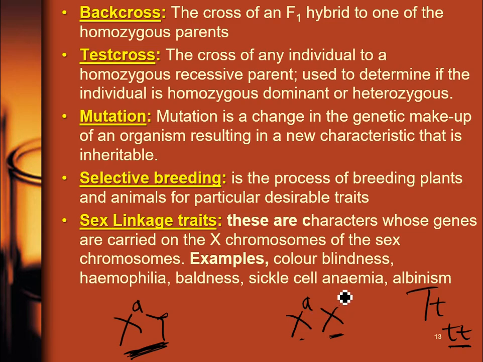But in this case, now let's assume another one comes into play here, a dominant one. I don't know what this is, this can be anything. Once this comes into play, it will block this albinism from showing. But in male, you don't have any other X that stands a chance of carrying a dominant allele that will block this one. So in the case where you don't have a dominant allele that will block this one, it will always manifest. You see it now? So that's what we call sex link.